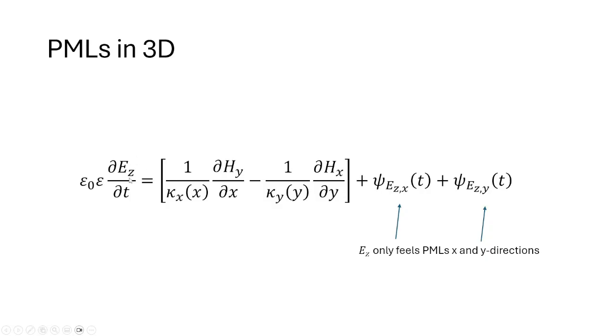And finally, the EZ will only feel the PMLs in the x and y directions. But the equations are pretty much the same thing. So if we could apply the PML in one direction, as we've already done today in the y direction, you can apply PMLs in all the directions.